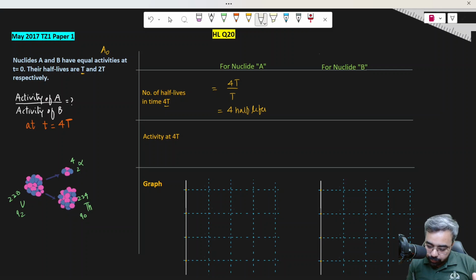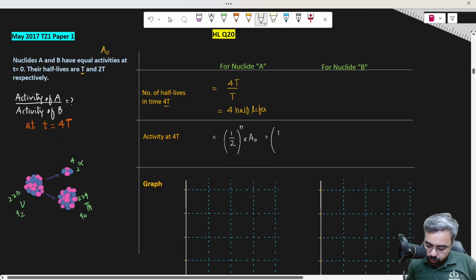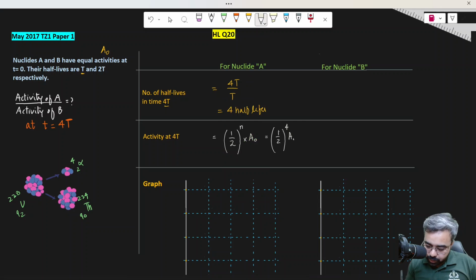So I will simply apply this equation: 1 over 2 raised to power n, where n represents the number of half lives, multiplied by the initial activity. It will be 1 over 2 raised to power 4, because there are four half lives, and finally it will become A0 over 16.